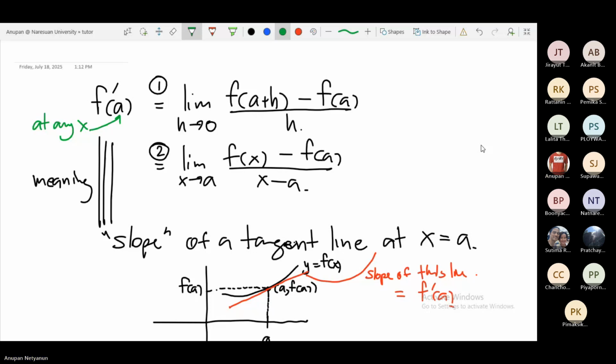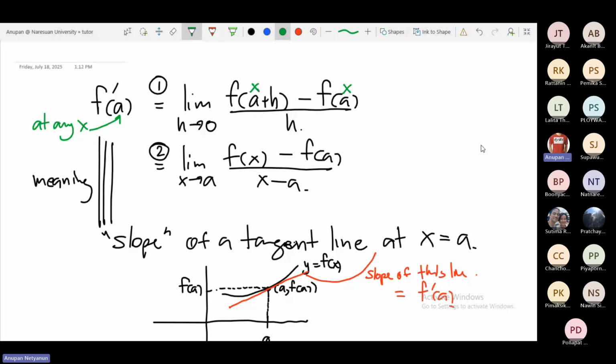So any place that you have a, you replace it by x, right? So this is going to be your x. This is going to be your x, okay? Then you will have the definition of the derivative of f at any x. By the first definition, you're going to have the limit when h approaches 0 of f of x plus h minus f of x, divided by h. Okay, so there is the first definition.